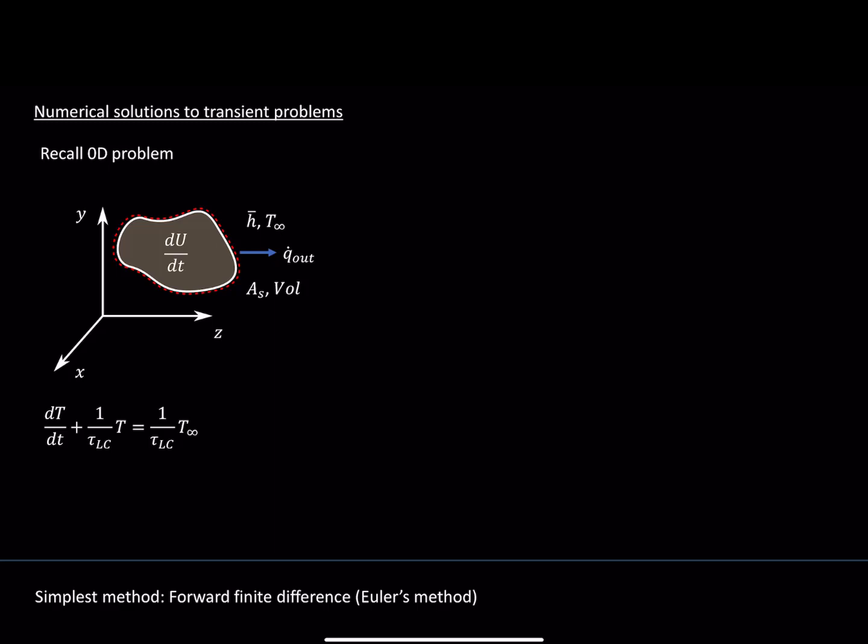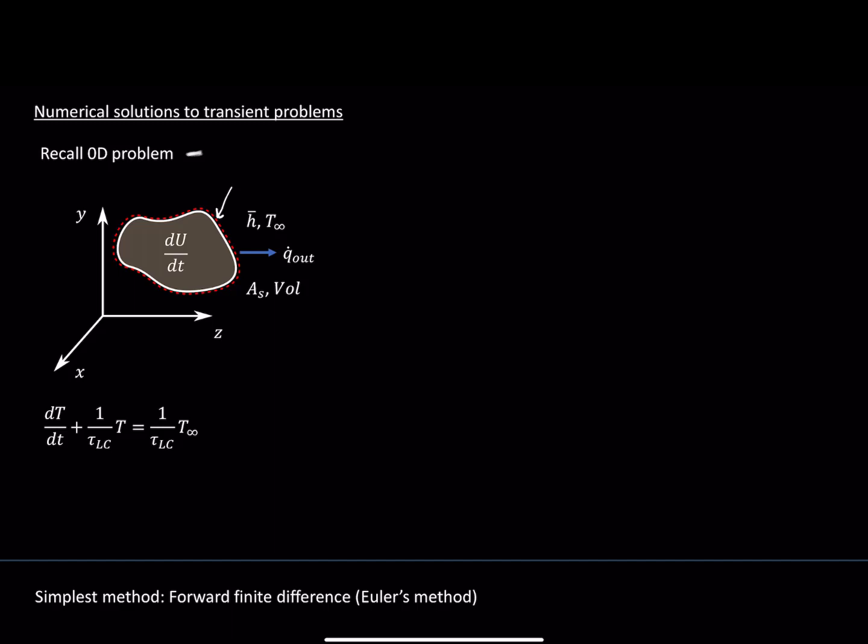If you remember back, for our 0D problem, we have some control volume that surrounds the entire body, and we're making the assumption inside our control volume that the temperature is uniform. The temperature will change as a function of time, and it responds to conditions around it.